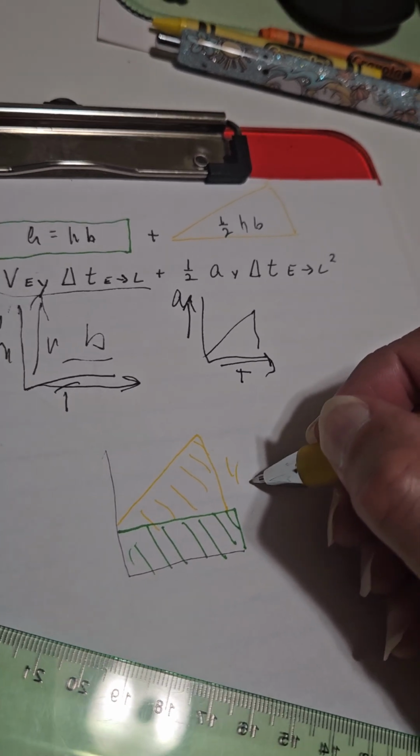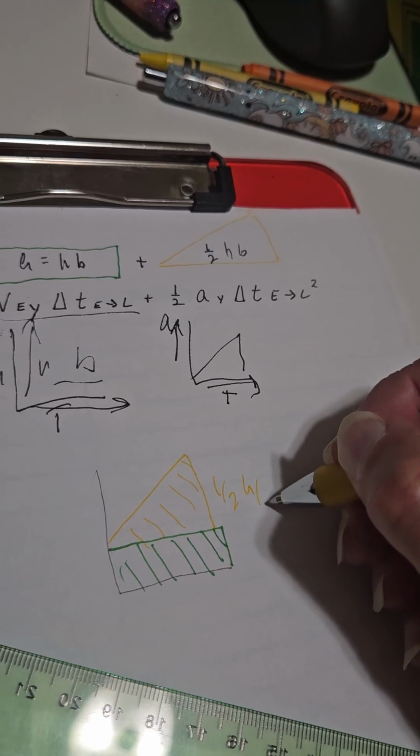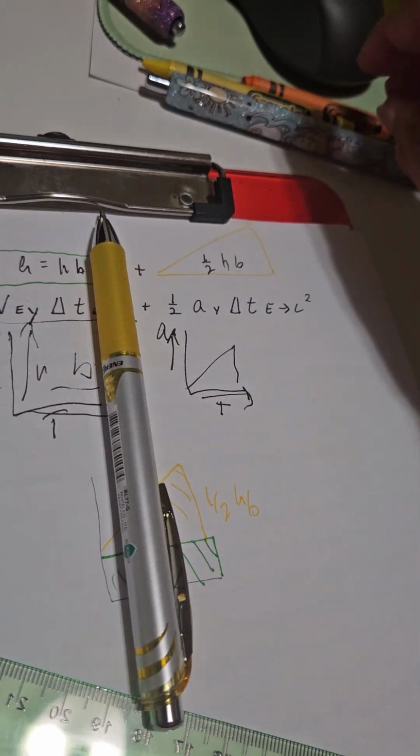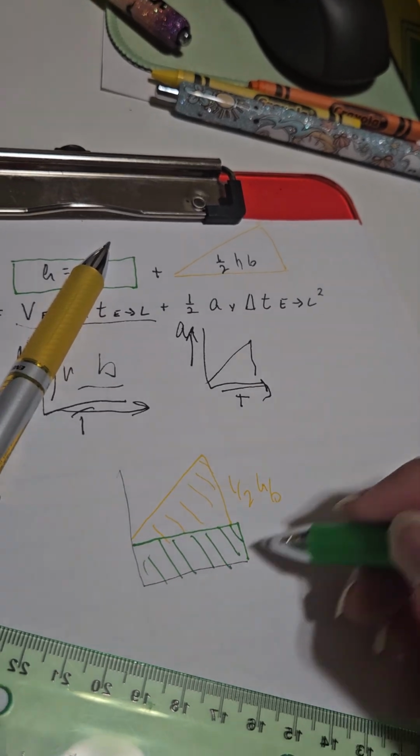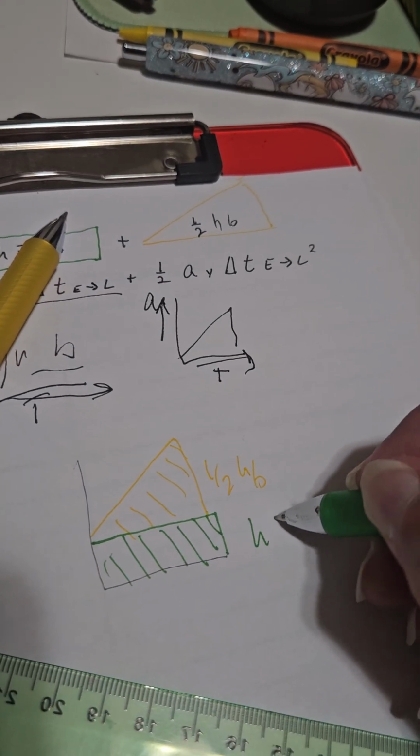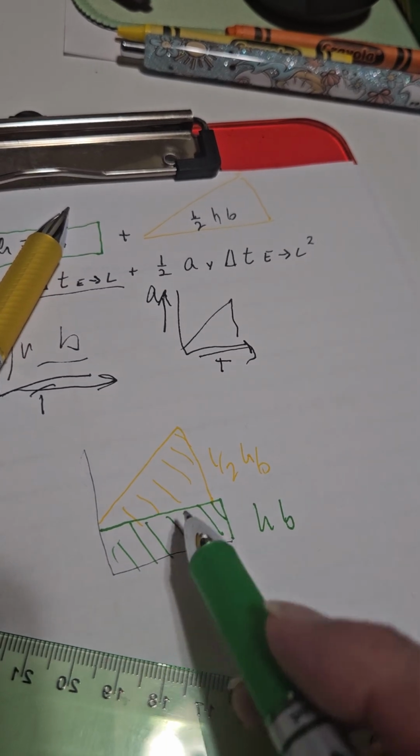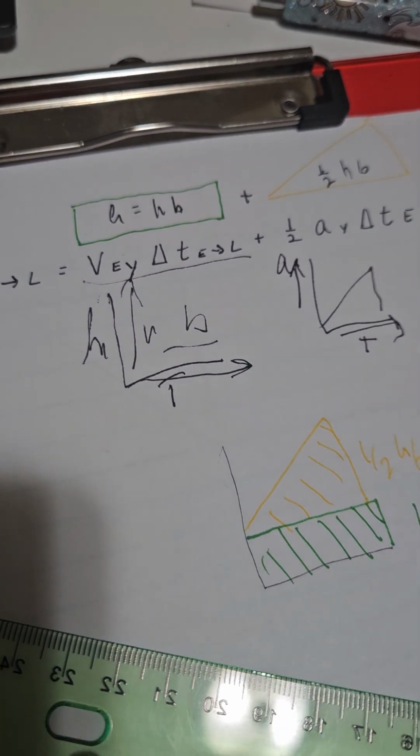That's your one half of the height and the base, and this one on the bottom is the height multiplied by the base. You're adding these two, and that's all you're doing here.